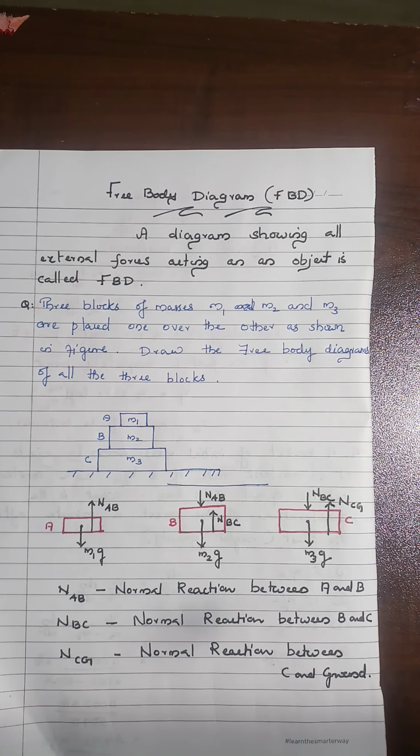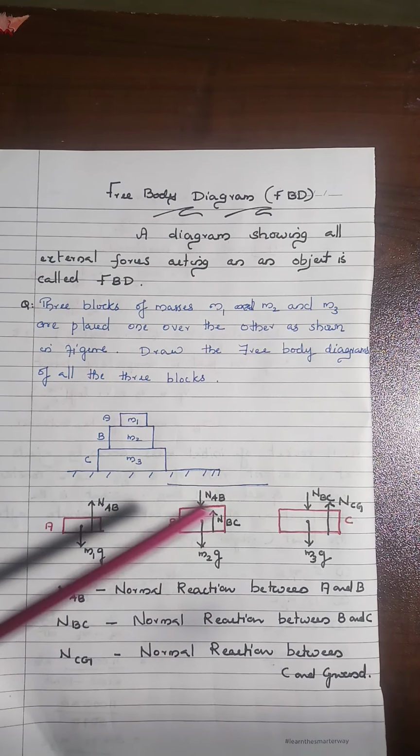Look at the free body diagrams. Look here at m1. Its weight is acting vertically, so m2 will give a reaction, that is NAB. Look at m2. The weight is acting vertically, but because of m1, because of NAB, m1 will give a reaction, and m3 will give another one, that is NBC.